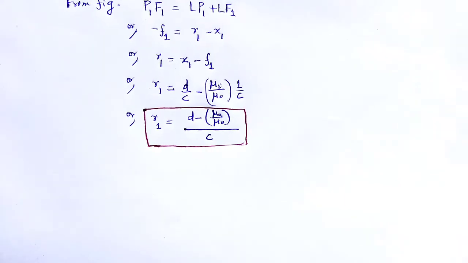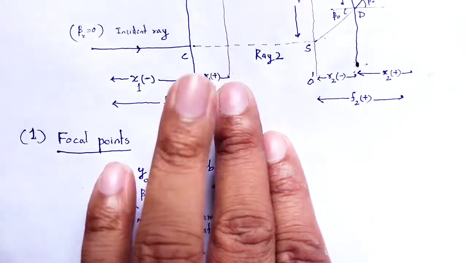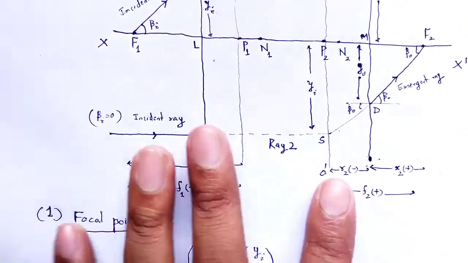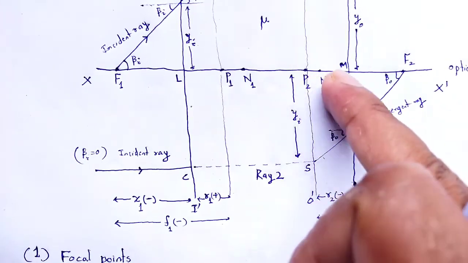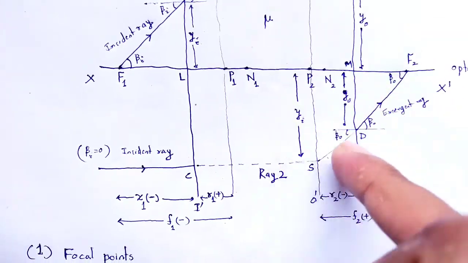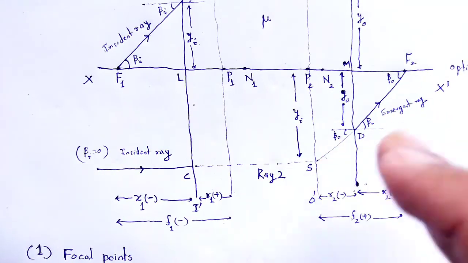Next, R2 is calculated. Look at that figure; this is the value of R1. From the figure, P2F2 is equal to P2M plus MF2. Then using the sign convention, we can solve R2 in terms of the system matrix.